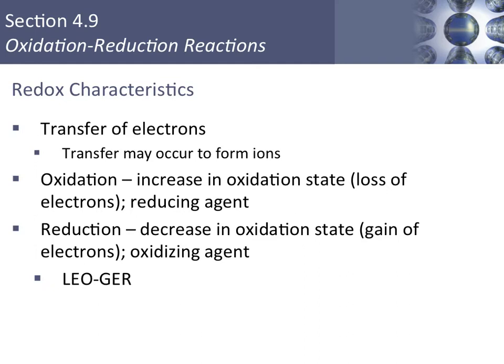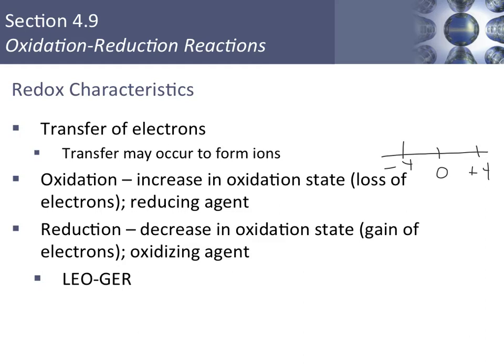That's why it's an oxidation reduction reaction, or redox. So the substance that is oxidized will increase in its oxidation state. So this means that it has lost electrons. So what exactly does an increase in oxidation state mean?